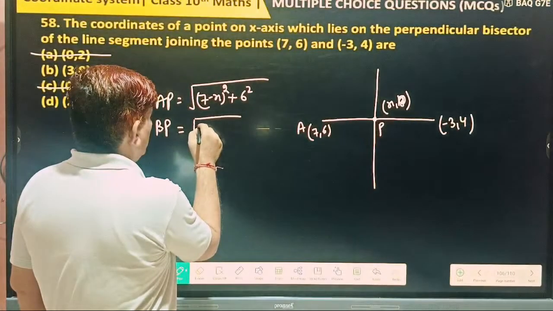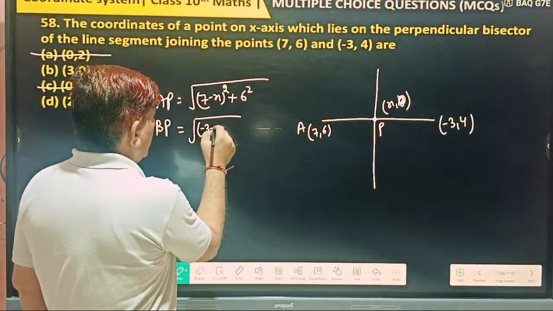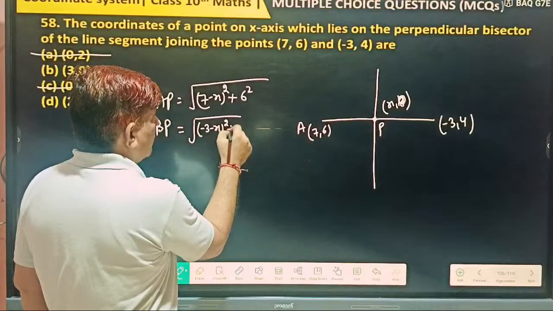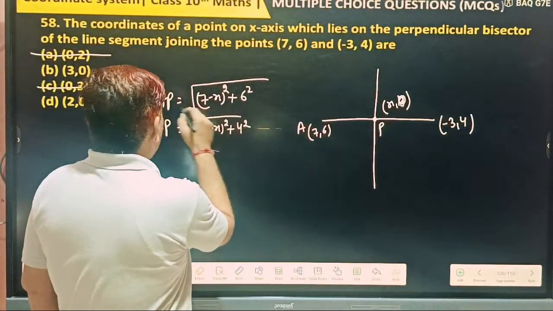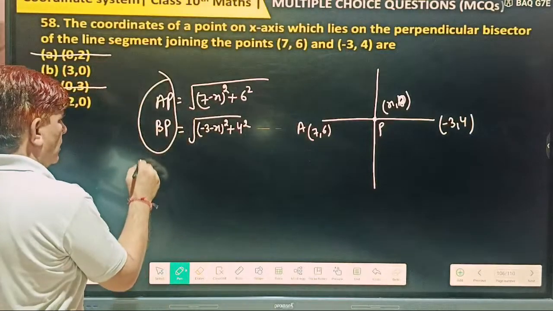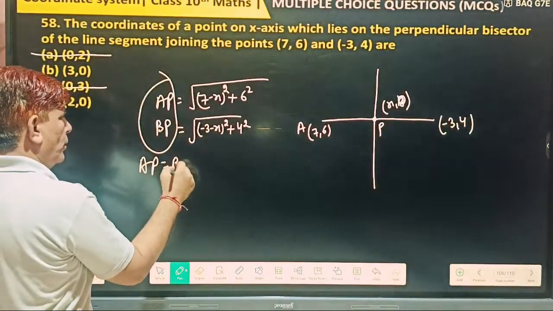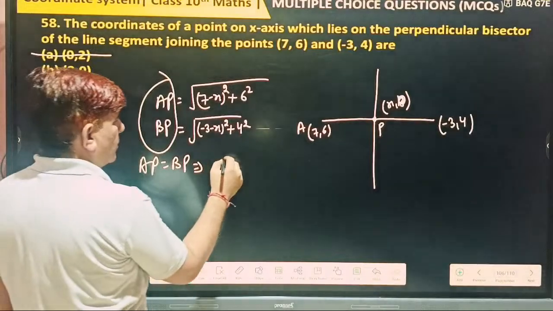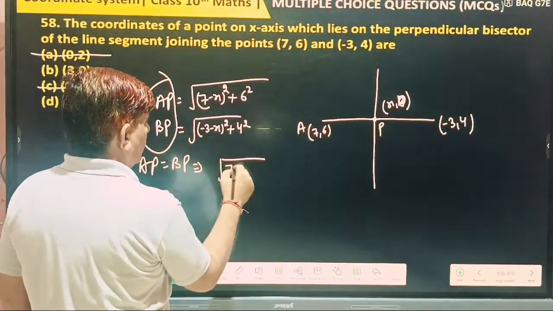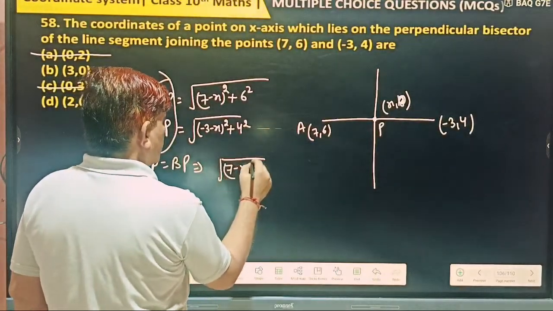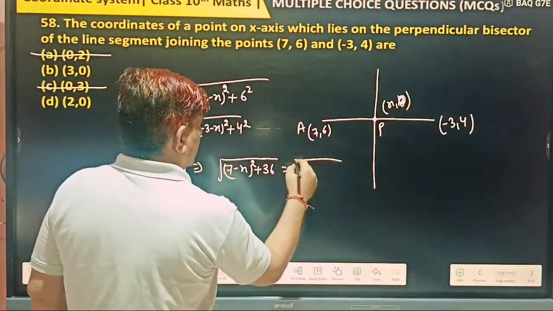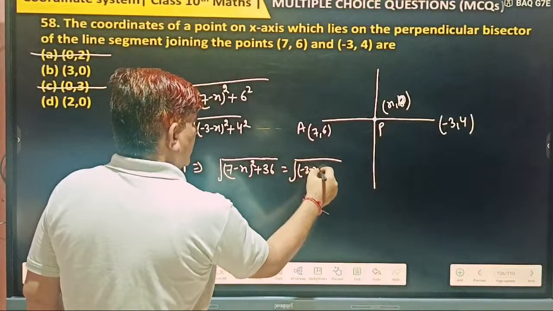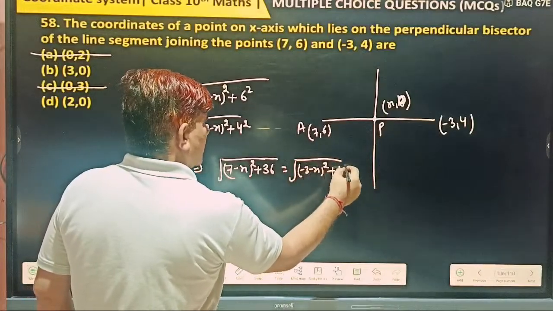The square root of (minus 3 minus x) whole square plus (4 minus 0), 4 square. Both are equal, AP equal to BP. So what does it imply? Square root of (7 minus x) whole square plus 36 is equal to the square root of (minus 3 minus x) whole square plus 16.